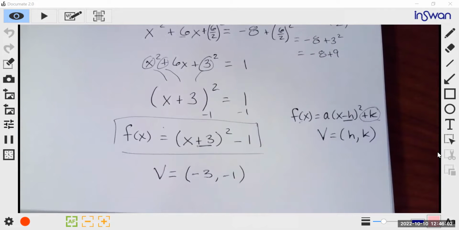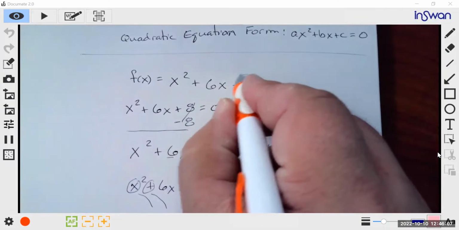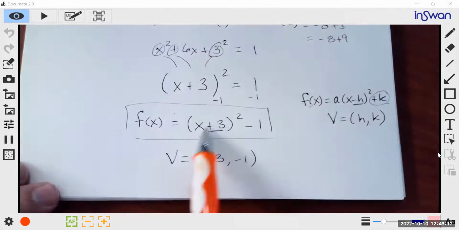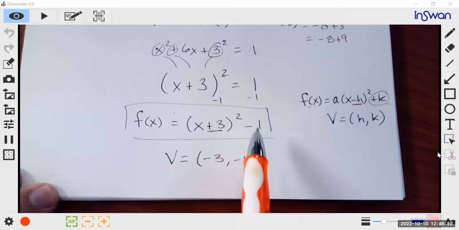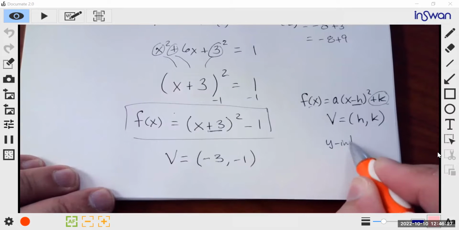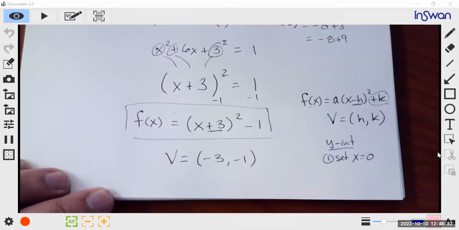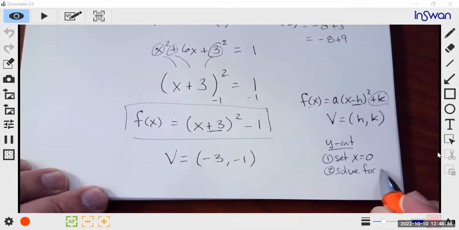Do we know the y-intercept from the original equation? The y-intercept is 8, right? Let's see how we would find the y-intercept here. Remember in chapter 1, how do we find the y-intercept? First step, set x equal to 0 and solve for y.